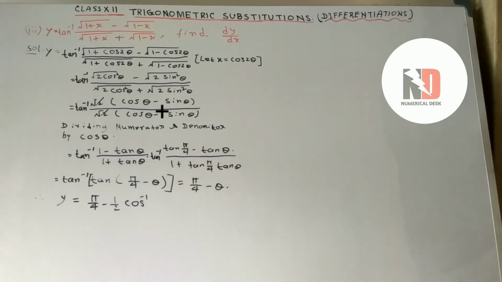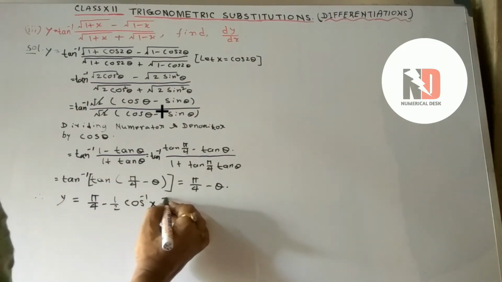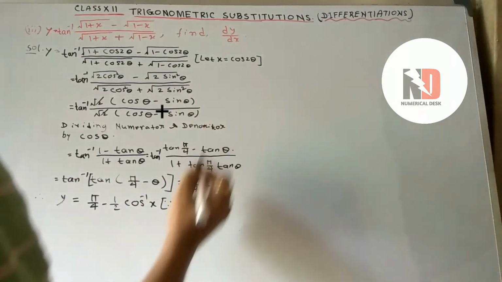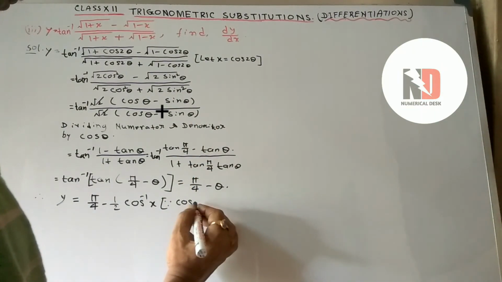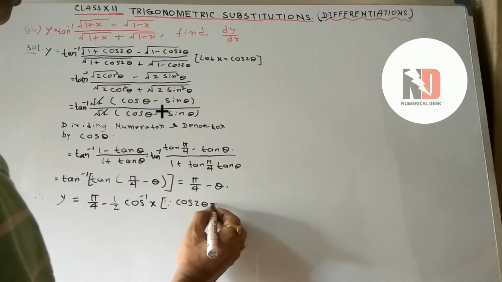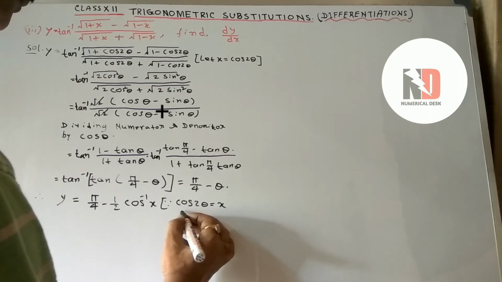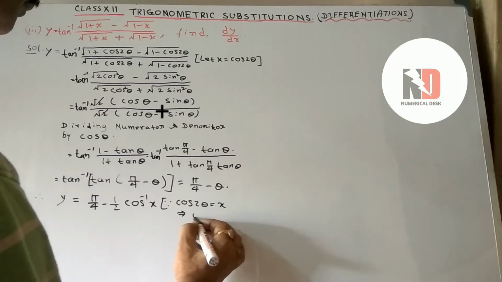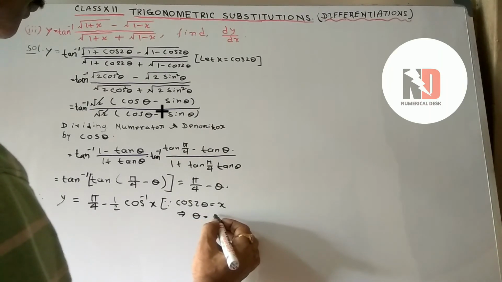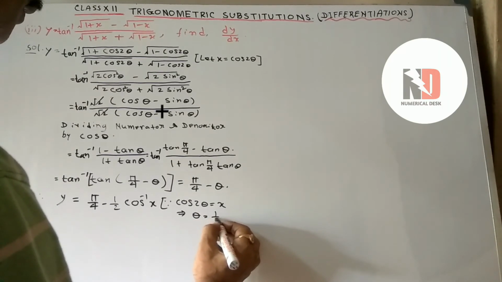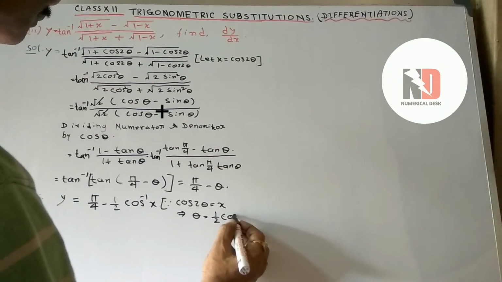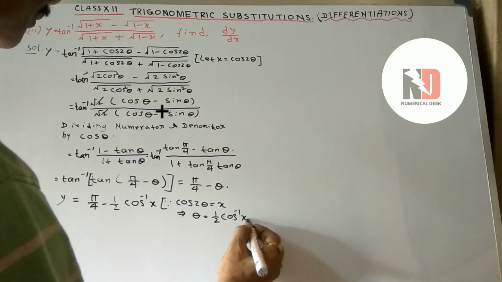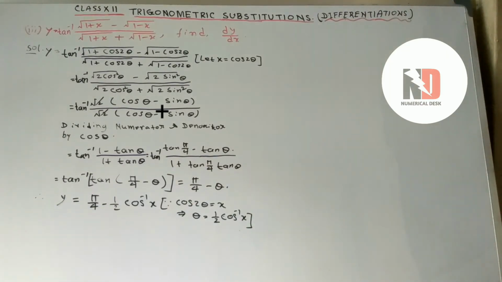It is not a difficult part. You should write the steps for how we got this. So it is cos 2 theta equals x, or theta equals half cos inverse x. So we are ready for the differentiation now.